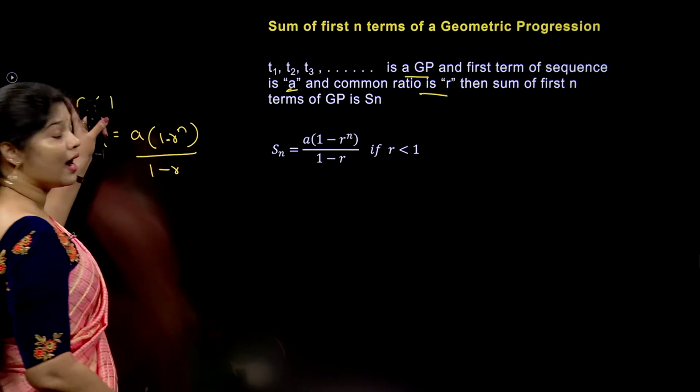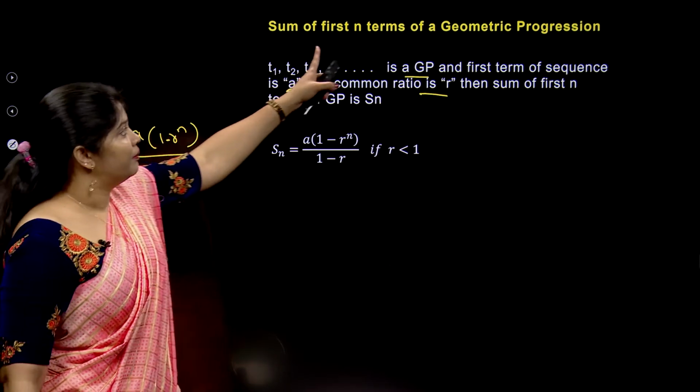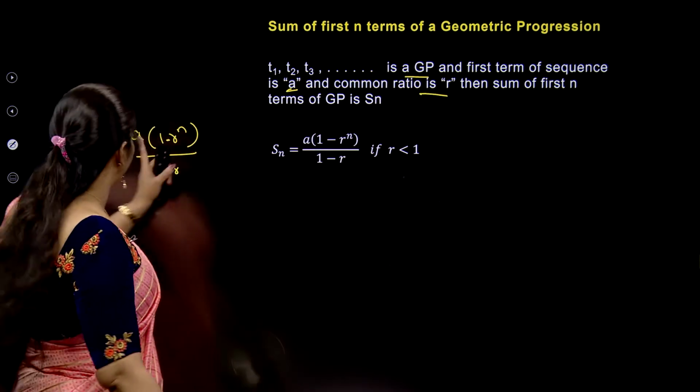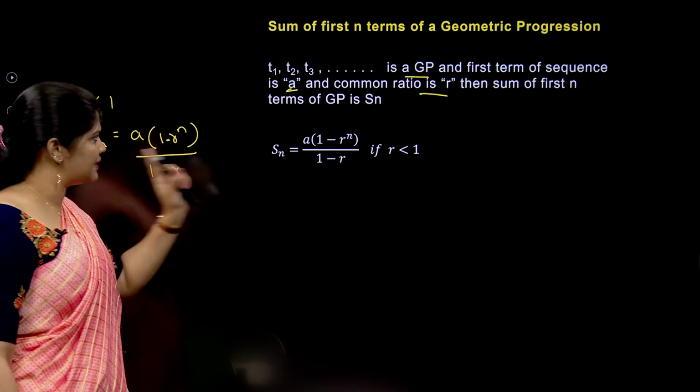See children, if R is less than 1, the formula of sum of n terms of GP is A into 1 minus R power n by 1 minus R.